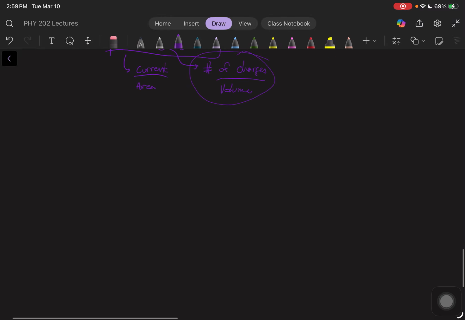Okay, so let's go to 26-4, resistance and resistivity. Okay. And so let's start with Ohm's law real quick. V equals IR.